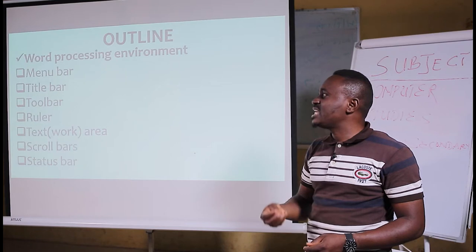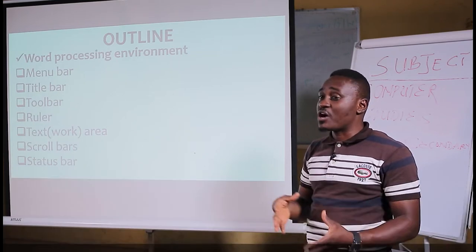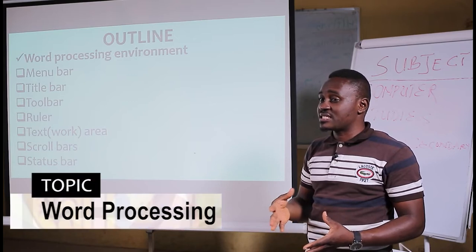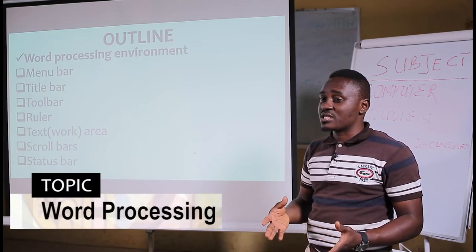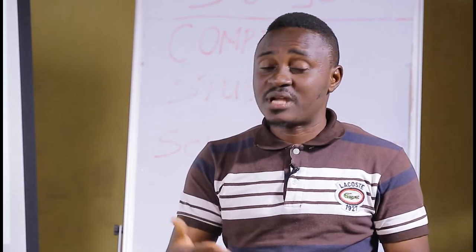So we'll be seeing each of these features, and we're going to see how they work. So the next time you are meeting a word processor, you would be able to say, yes, this is what this does, and you can practically do a little or even more using a word processor.